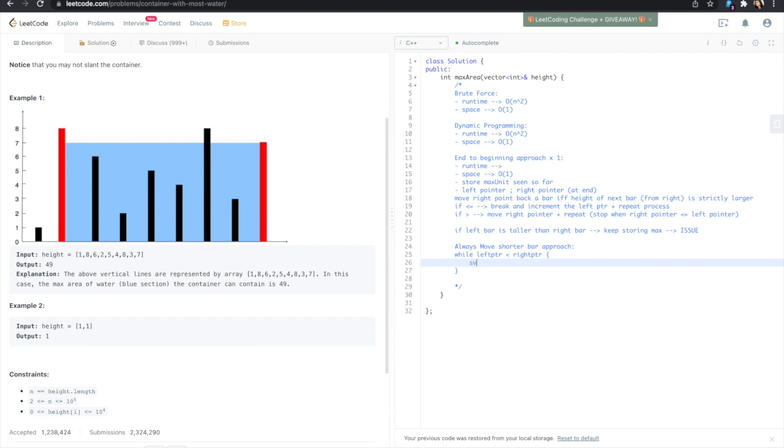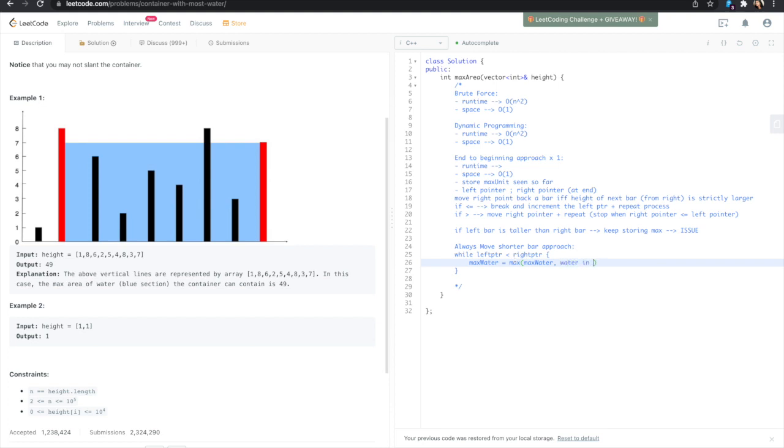store, let's make a variable, max water amount. So max water will just be the max of the previous max water, which I will initialize somewhere, and the value of the water in this container.